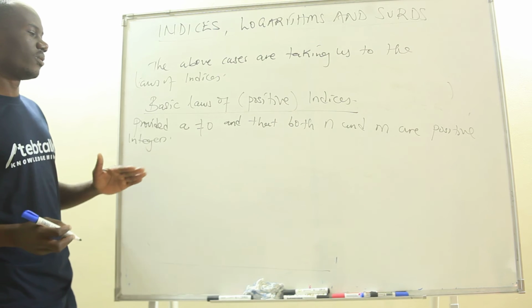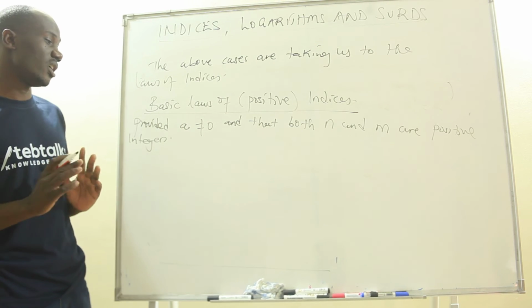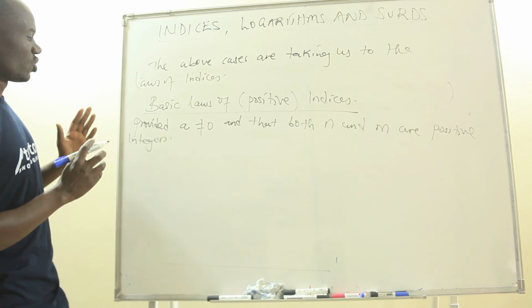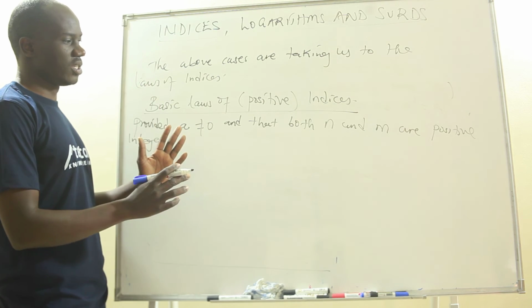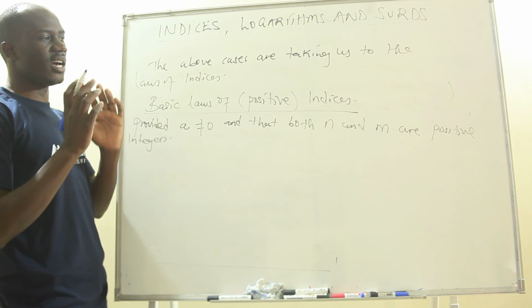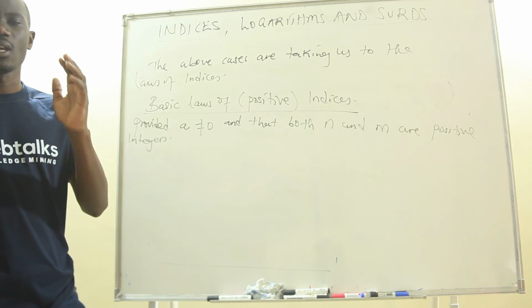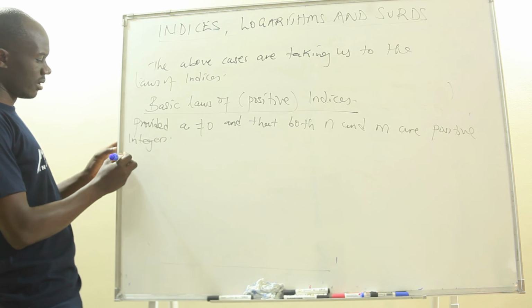We look at when A is not equal to 0, because when A is equal to 0 the whole equation will be meaningless. So provided that A is not equal to 0 and that both N and M are positive integers, then the following laws are going to work.